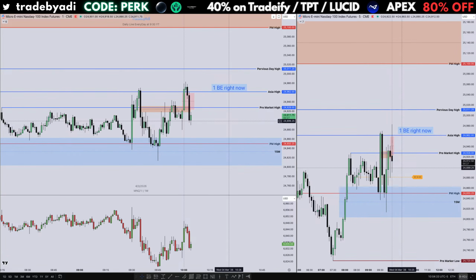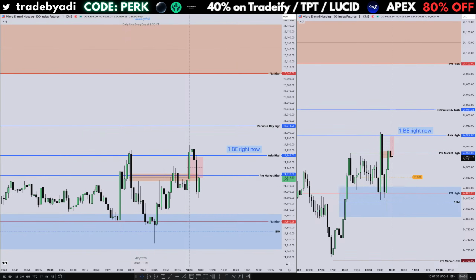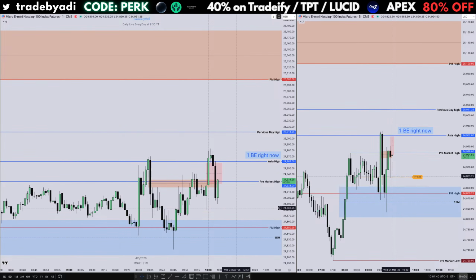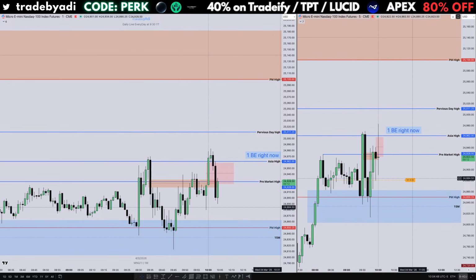And don't forget, we do have an SMT. I want to see how the market is going to react on this IFVG and also the 5-minute candle.